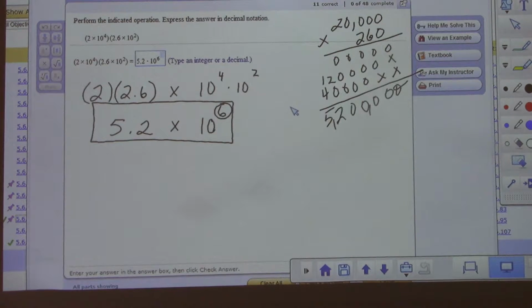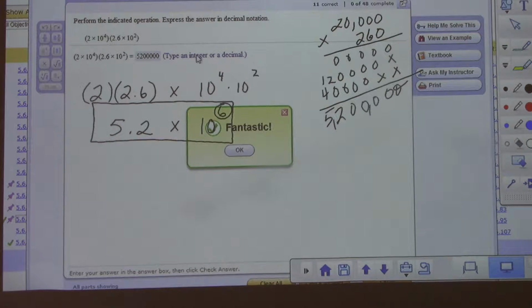Listen, if you get 5.2 times 10 to the 6, I'm very happy with that. But they want an integer, so we'll do that: 5, 2, 0, 0, 1, 2, 3. And we feel good about ourselves.